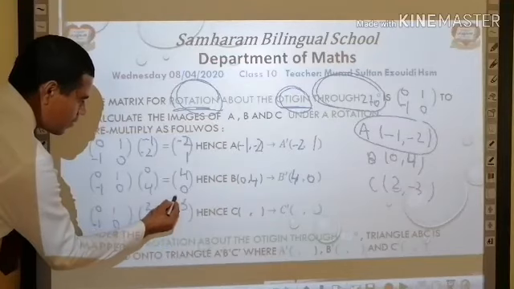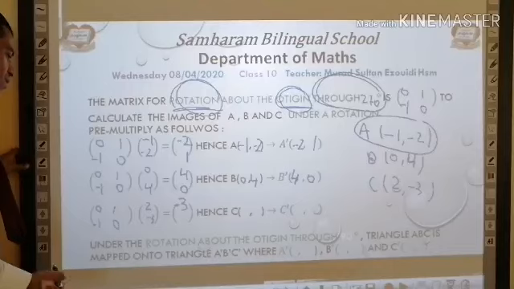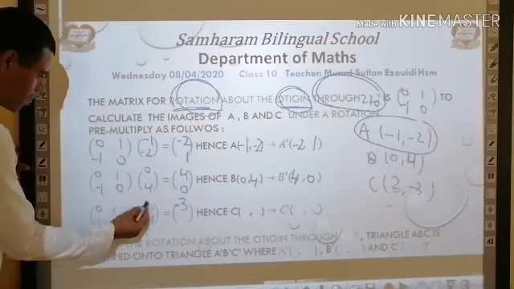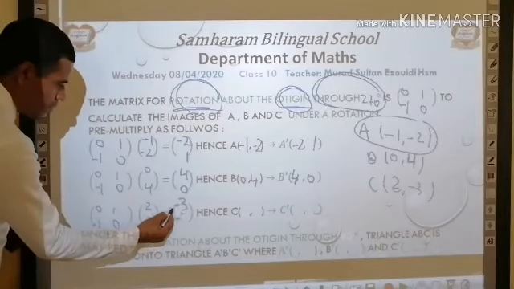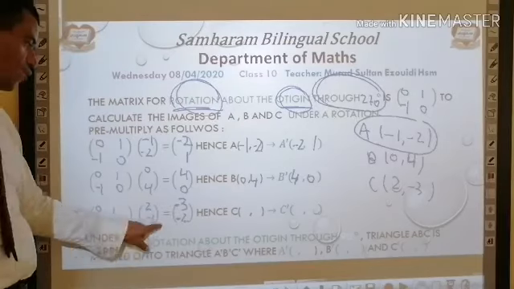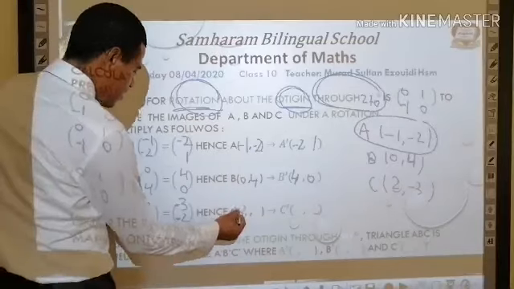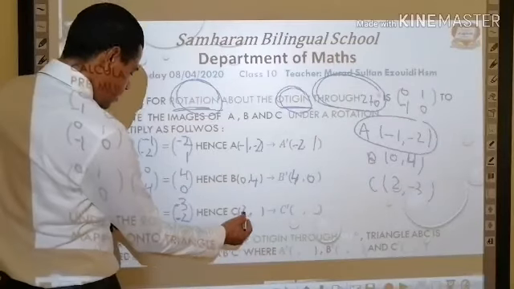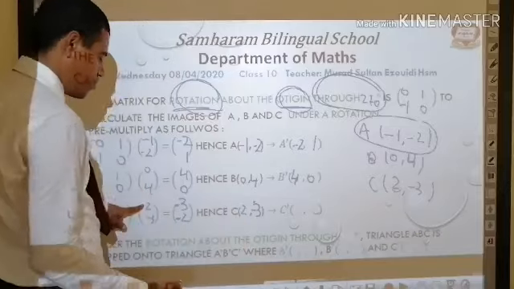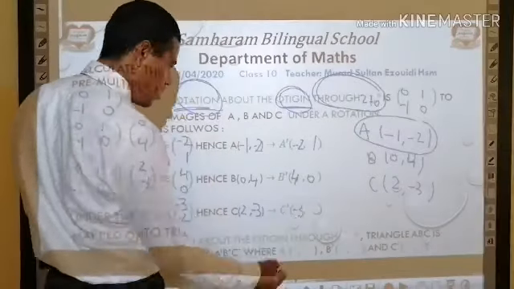Why -3? Because 0 by 2 is 0, plus 1 multiplied by -3 is -3, and -3 plus 0 is -3. Then this one, -1 multiplied by 2 is -2, plus 0 multiplied by -3 is 0, and 0 plus -2 gives -2. Hence C of coordinates 2, -3 maps to C prime of coordinates -3 and -2.